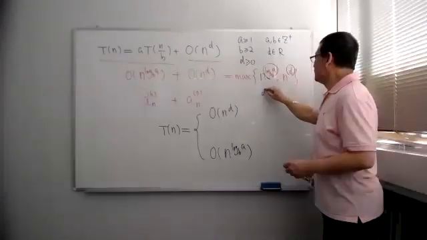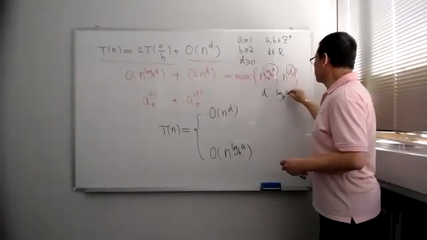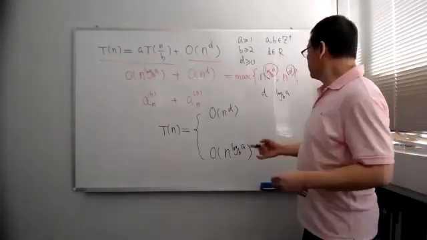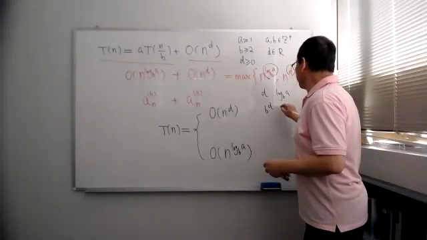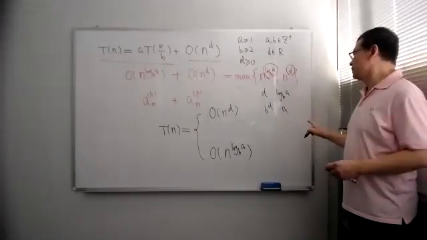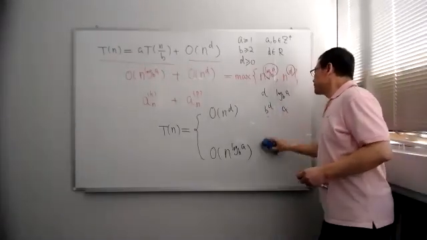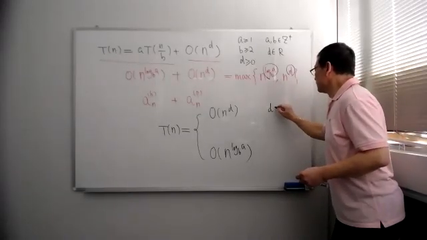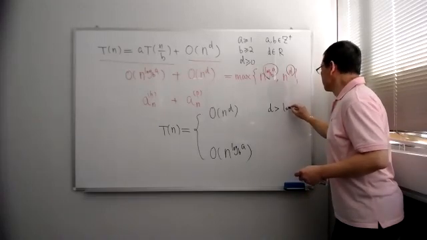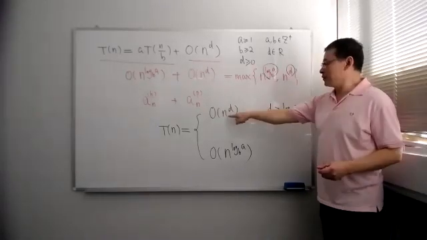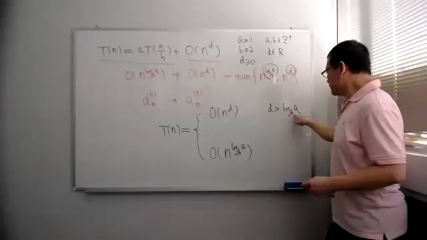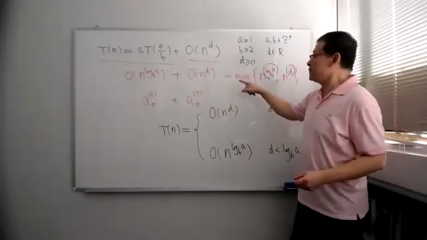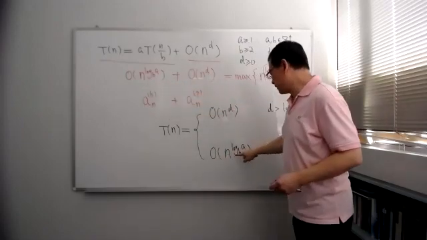We compare d with log_b a to see which one is bigger, which is the same as comparing b to the power d with a. So if d is bigger, this one dominates with n to the power d. Now if this one is bigger, then this one dominates and is the leading term, so we have n to this power.